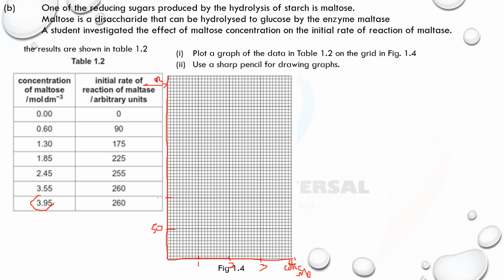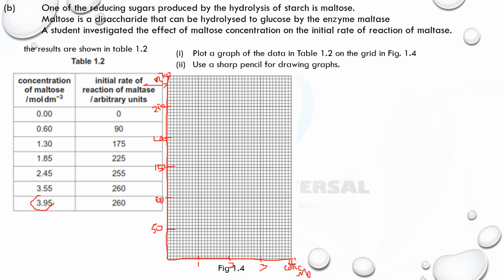This is 100. I'm plotting this graph with you. The next one is 150, and of course this is 200, and that is 250, and the last one is 300.